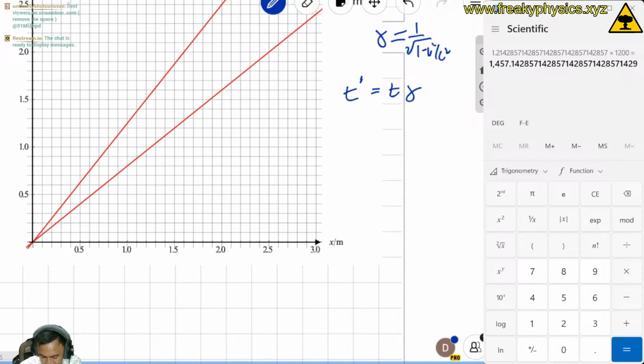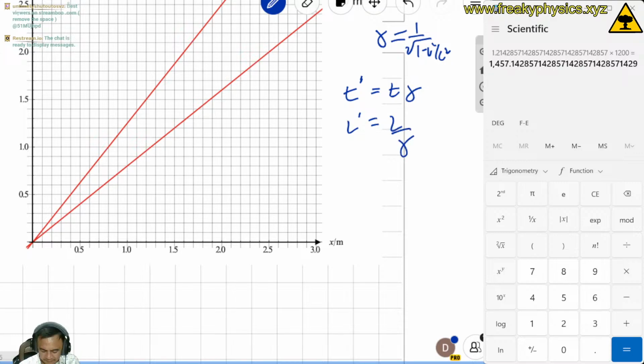Let me reason it out again. V squared over C squared is always less than 1, so 1 minus it is also less than 1. Still less than 1, 1 over becomes bigger, therefore gamma is always bigger than 1. Okay, so this is correct, more or less. And then L prime would be equal to L over gamma.